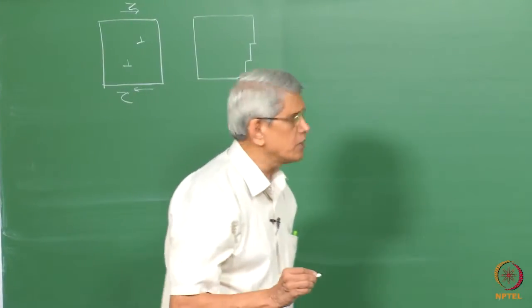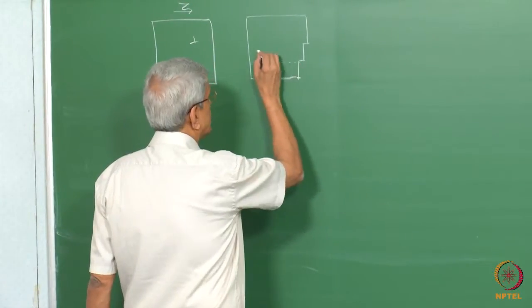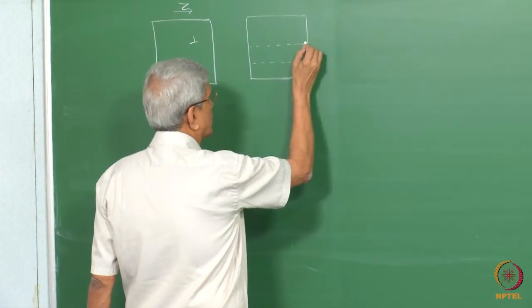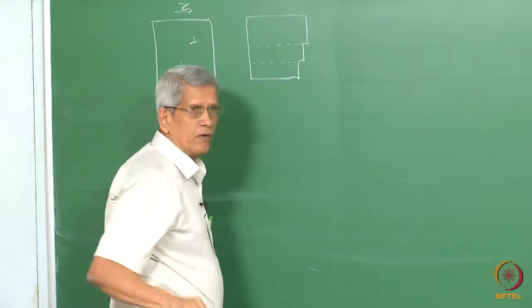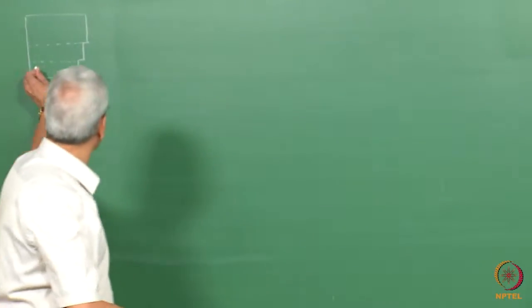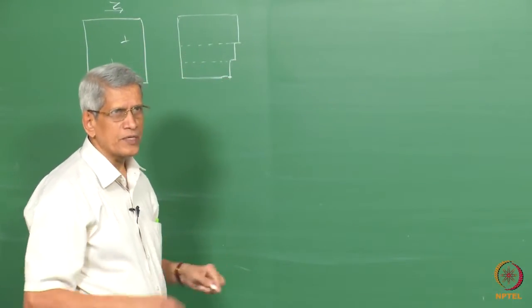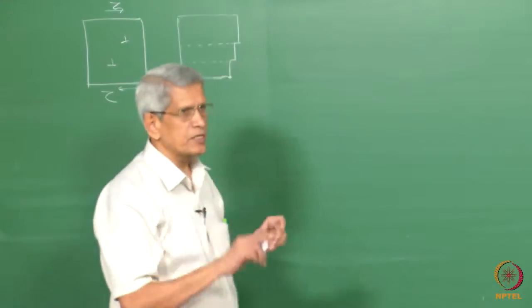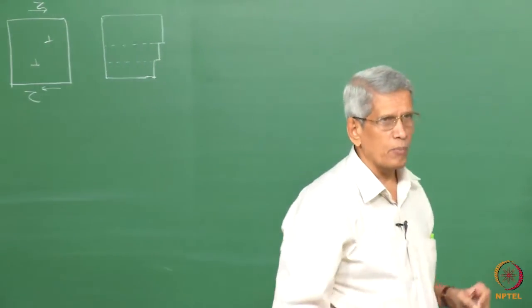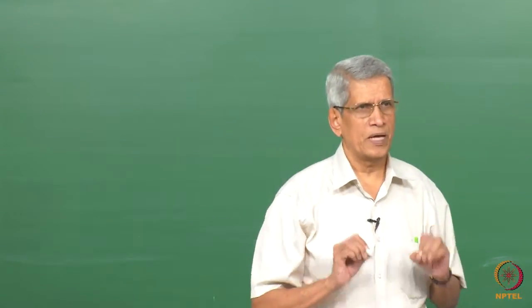What is essentially important here, which one should understand, is that you consider this region, what has happened, it remains the same. This region, has it undergone any deformation? No. Overall shape change is there, but this shape change is brought about by movement of dislocations in some specific planes.